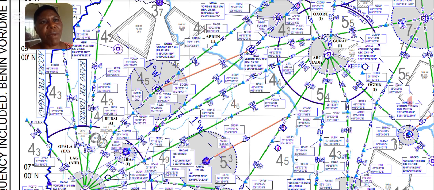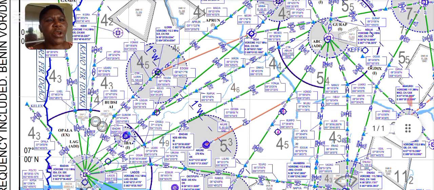If you remember from our previous videos, we have been talking about maps and their various types. We have the topographical map, the thematic map, and a lot more. Now, I want you to know that an aeronautical chart is a generalized topographical map.